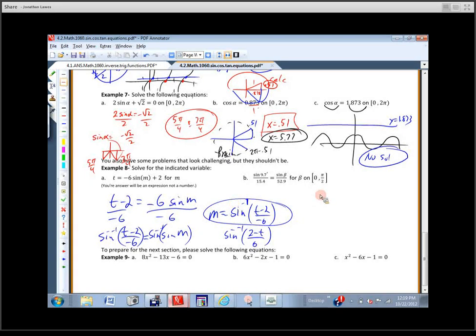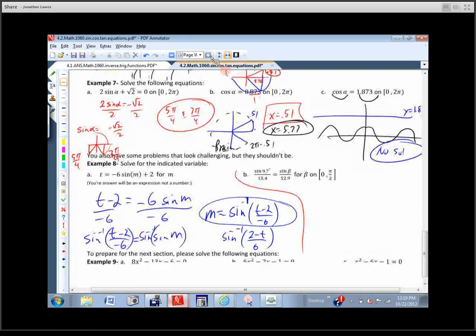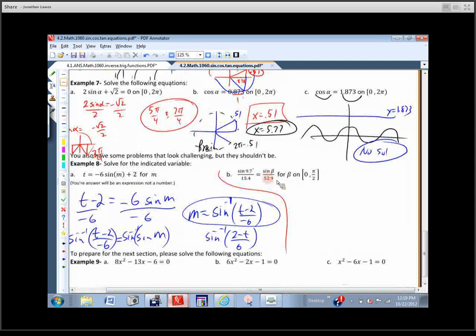Okay, let's look at part B here, because you're going to have some problems to do like this shortly. We want to get beta by itself. So that's going to be the sine of beta is equal to 52.9 sine of 9.7 degrees over 15.9.